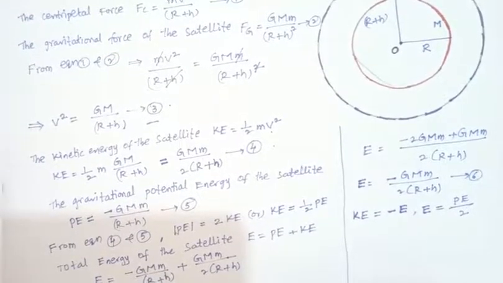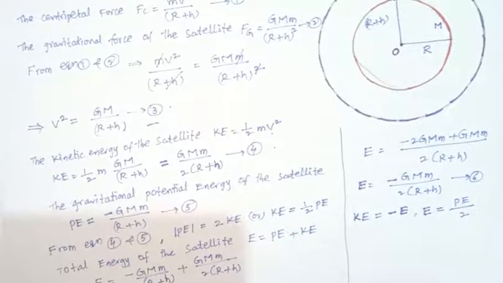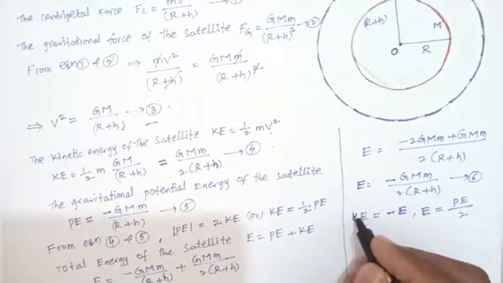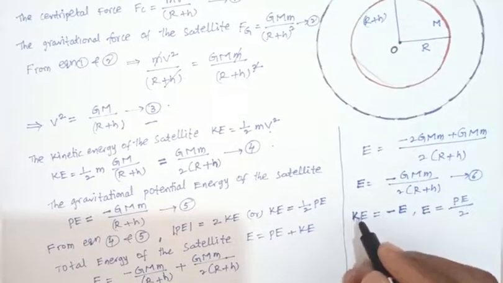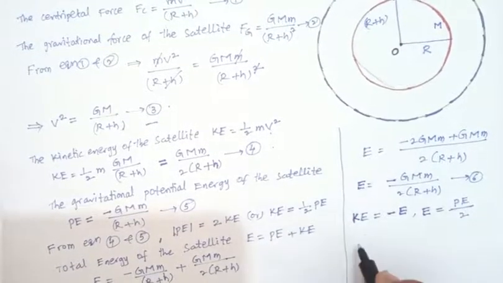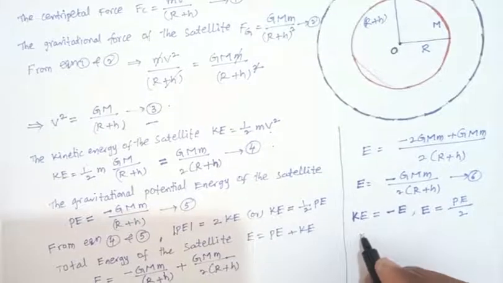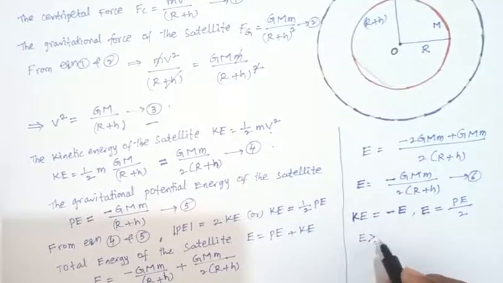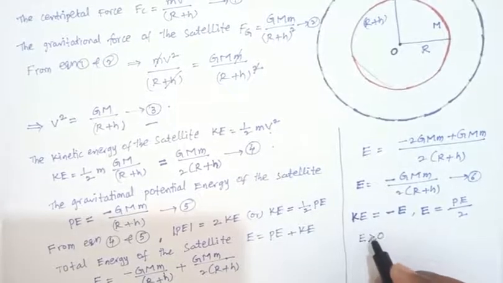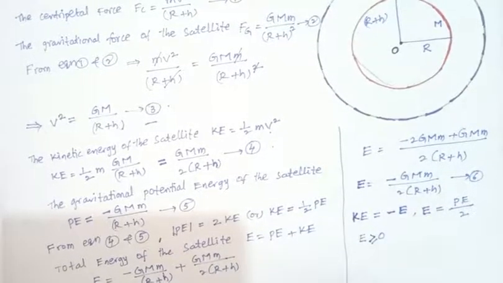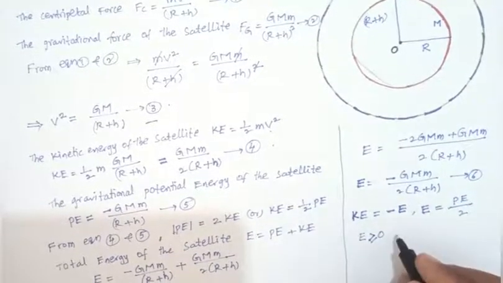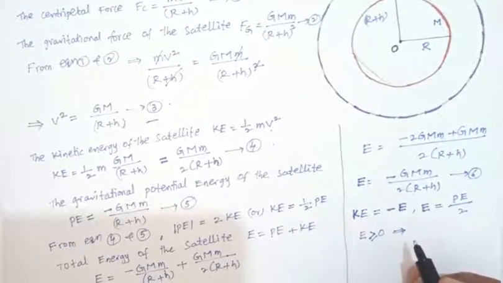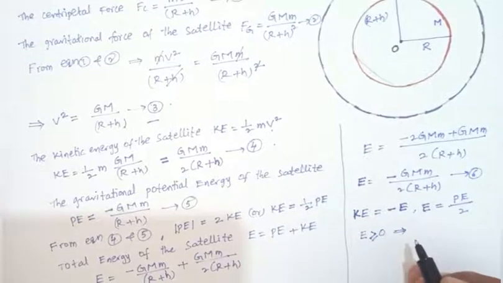If the total energy is positive or zero, as we already studied in the topic of escape speed, the total energy is greater than or equal to 0, and the satellite will escape from the gravitational field.